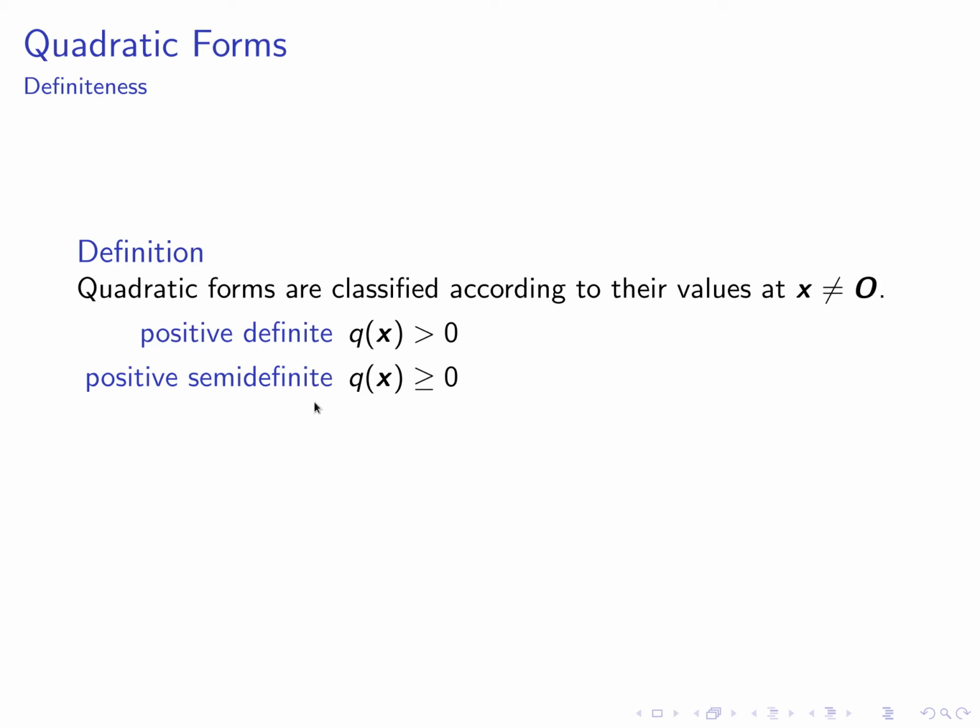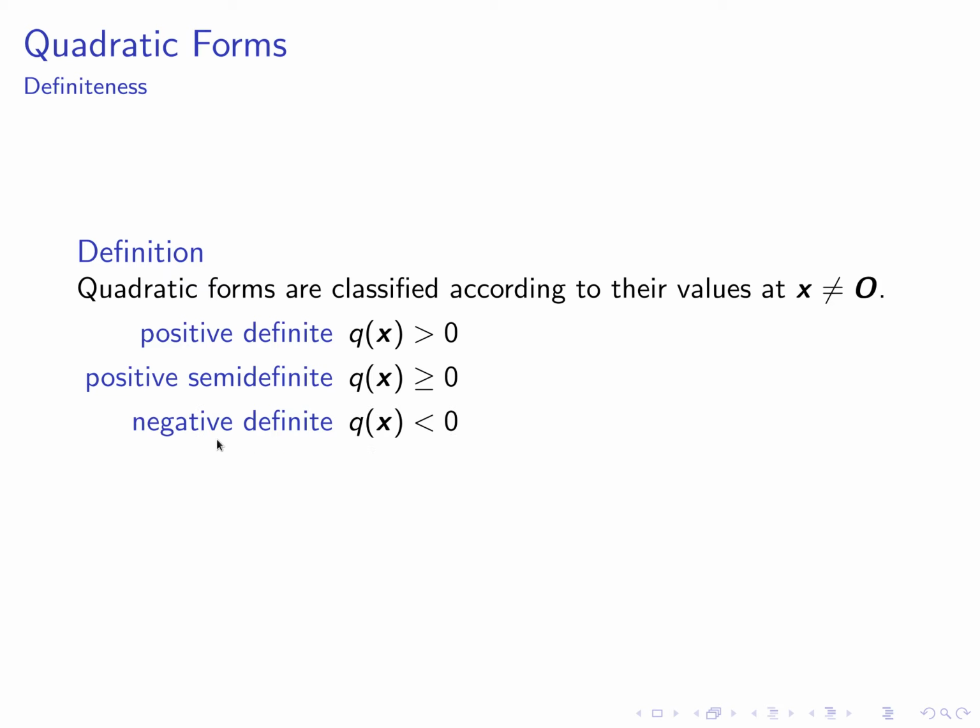One thing to notice is that every positive definite quadratic form is automatically positive semi-definite. However, not every positive semi-definite quadratic form is necessarily positive definite, because positive semi-definite quadratic forms might spit out the number 0 multiple times.